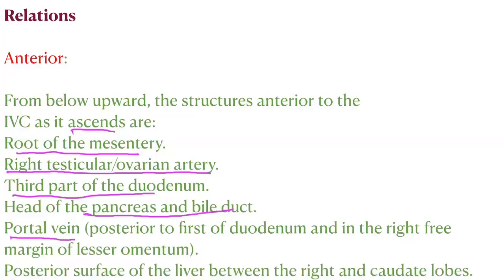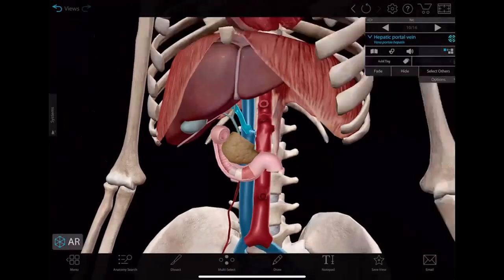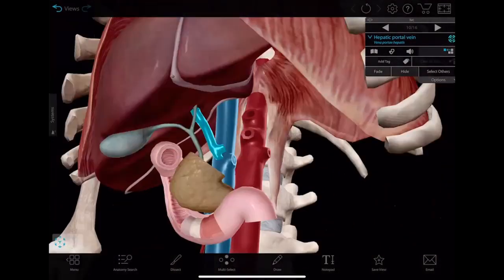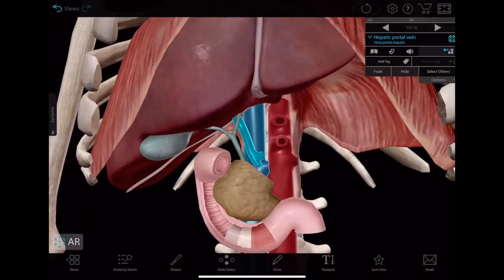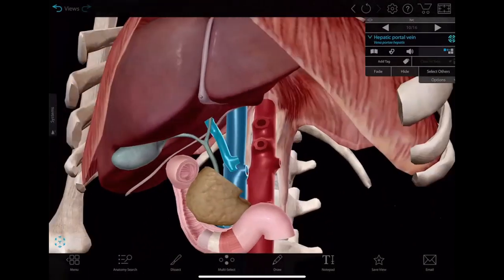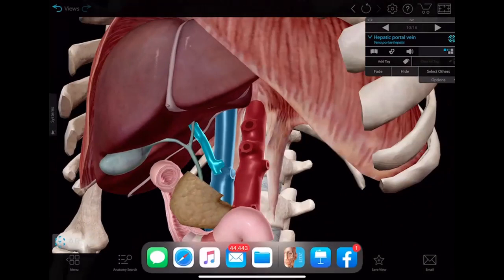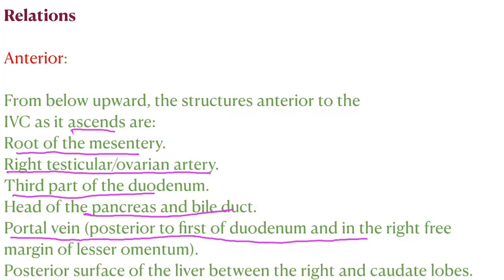And portal vein, see, this is the portal vein in front of the first part of the duodenum. Posterior surface of the liver between right and left caudate lobes. You have already seen that. So these are the anterior relations of the inferior vena cava.